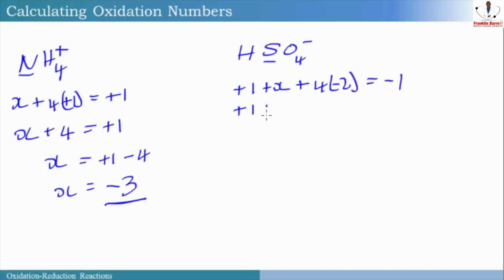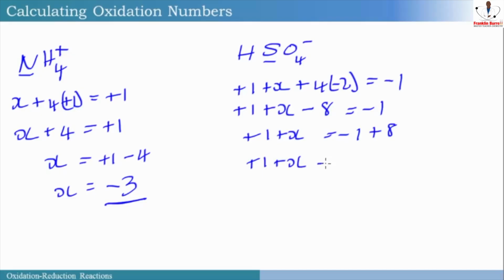So +1 plus X minus 8 equals -1. +1 plus X equals -1 plus 8. So +1 plus X equals +7. So X now is equal to +7 minus 1, which is equal to +6. So the charge on S here is equal to +6.